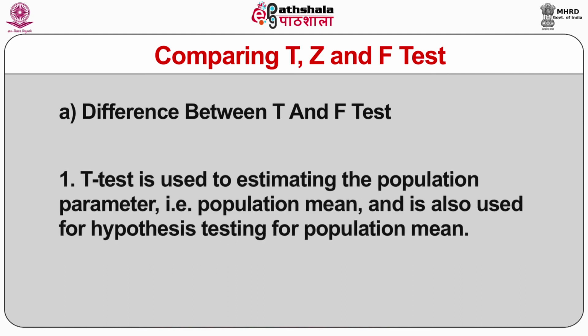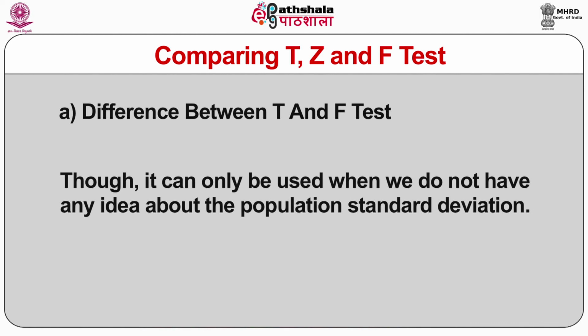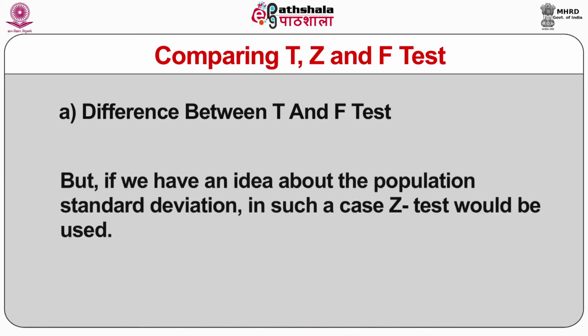First, the T test is used to estimate the population parameter, that is the population mean, and is also used for hypothesis testing for the population mean, though it can only be used when we do not have any idea about the population standard deviation. But if we have an idea about the population standard deviation, in such a case the Z test would be used.